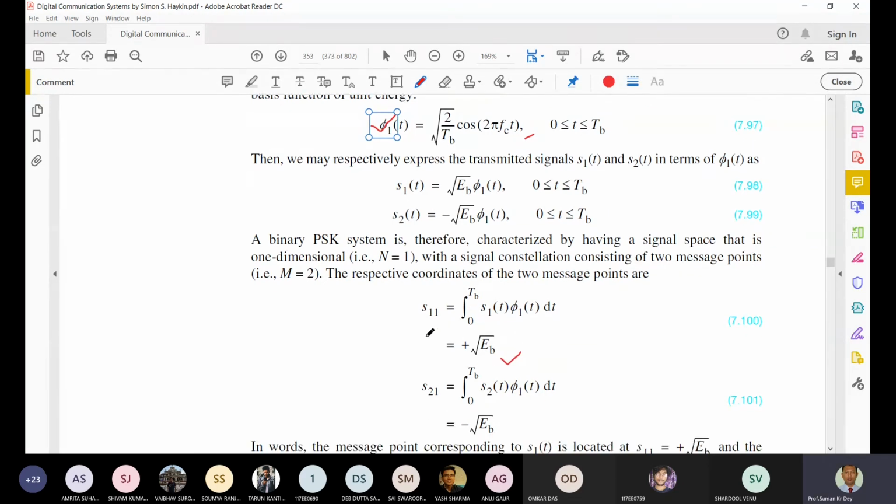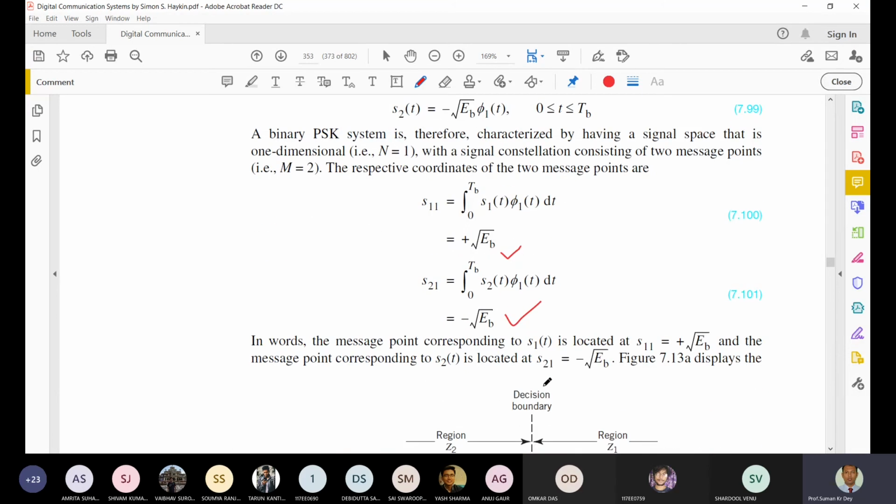Similarly, S21 is the integral from 0 to TB of S2(t) phi 1(t) dt, which gives minus square root of EB.